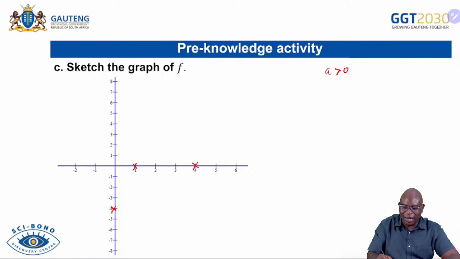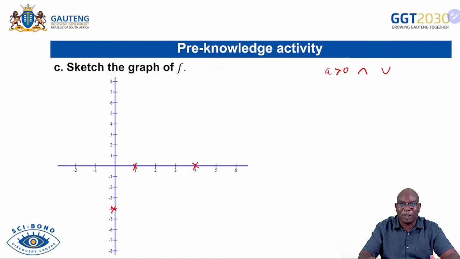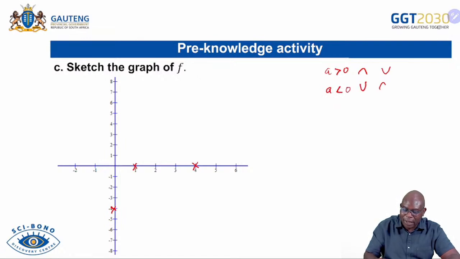When a is greater than 0, the graph will have a cap, a cap and a cap. In other words, for a greater than 0, the first turning point will be a cap and the next turning point will be a cap. If a is less than 0, the first turning point will be a cap and the next one will be a cap. If you know those, then you will be able to draw any graph.